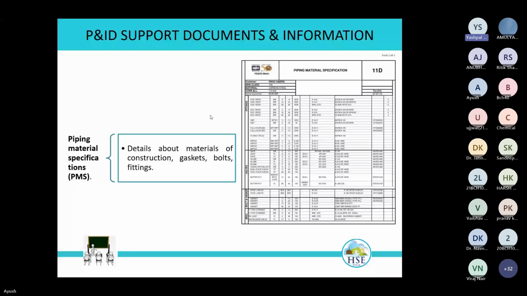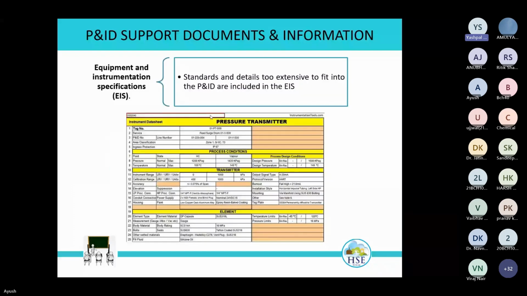Similarly, equipment detail information like capacity, temperature, pressure, and other ratings. So equipment and instrumentation specifications. In equipment we normally provide the MOC, capacity of the equipment, temperature, and pressure rating. Basically, first we prepare a block flow diagram, then we prepare a process flow diagram.